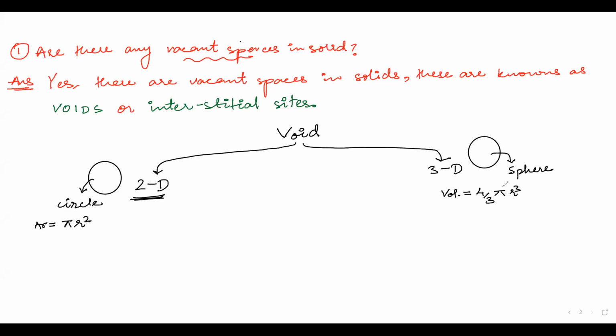The vocabulary of this chapter is of 8th standard. Any student of 8th standard has the vocabulary. For example, if I say void, he has the understanding. If I say atom, he has seen atoms in his books as a circular thing in which electrons are revolving around. So this is very easy.